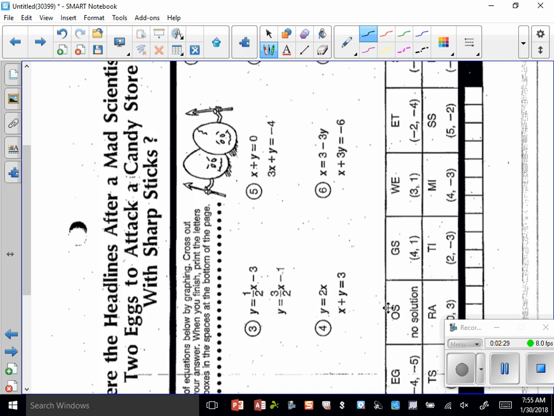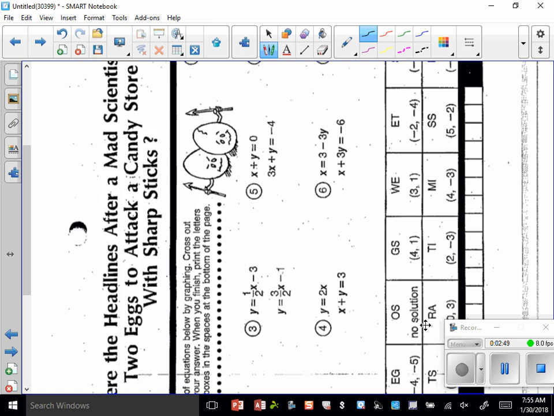So if I graph two lines and I get a no solution, what do you think those lines would look like? They don't intersect. So what type of lines do not intersect? What do we call those lines? Parallel lines. Very good. So now, what do you know about parallel lines? Parallel lines have the same what? Slope. Very good.